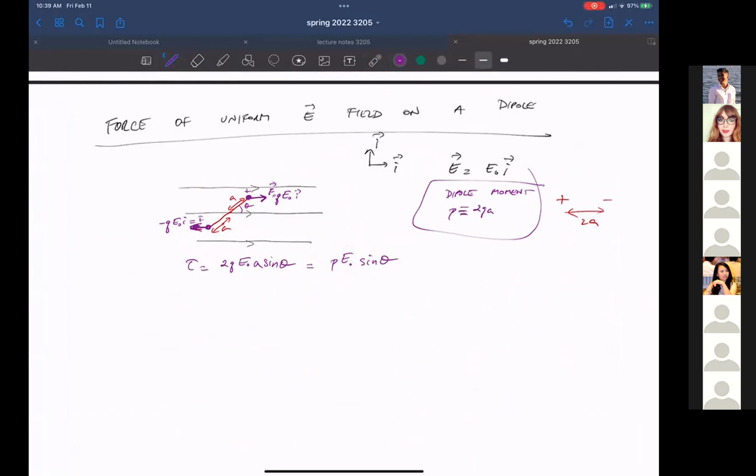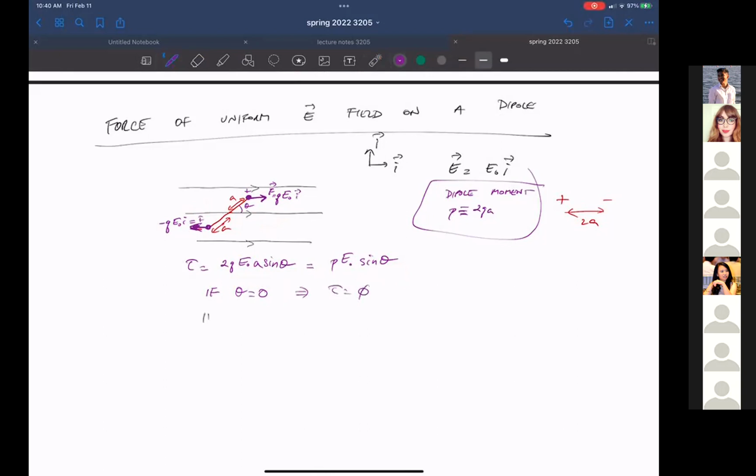Okay, so think about it this way. If theta is equal to 0, theta being 0 means our dipole is lying like this. That's a stable point. We're not getting any rotation here. So sine of theta is going to be 0, so the torque is going to be 0.